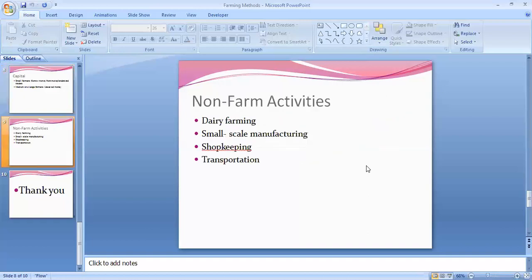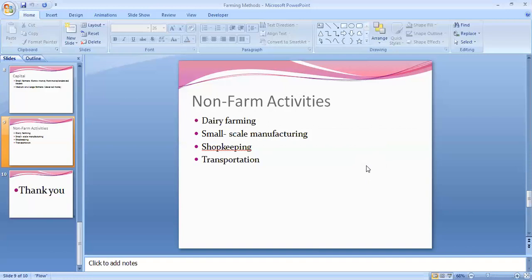So these are the farming factors of production. Now there are some non-farming activities which are done in Palampur. 75% of people are engaged in farming activities in Palampur, but 25% of people are engaged in non-farming activities.